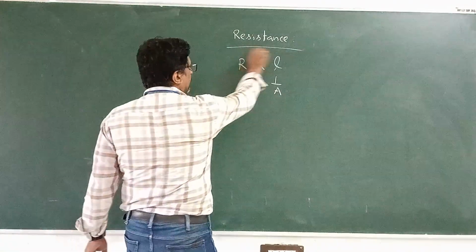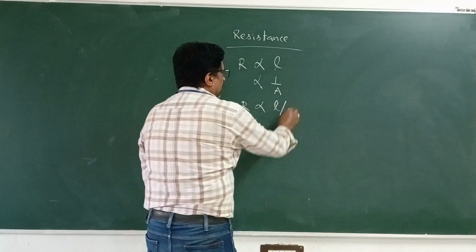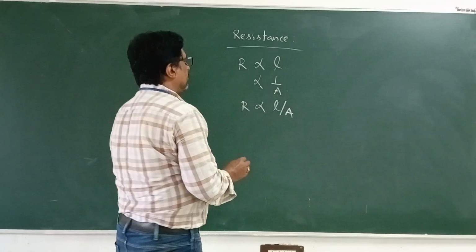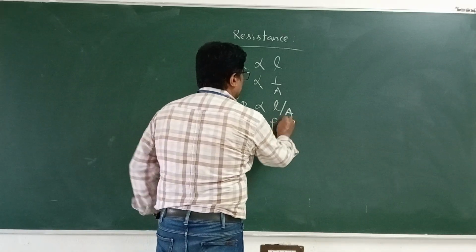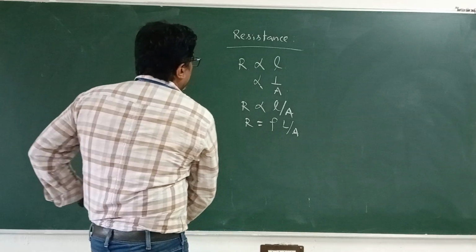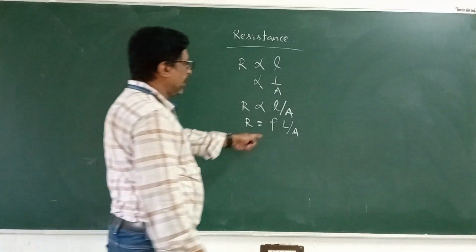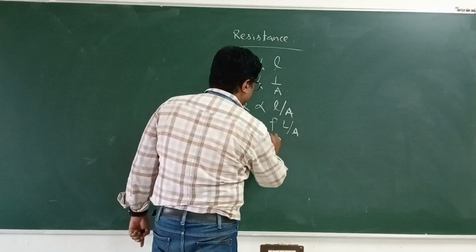If you combine these two, resistance is directly proportional to length by area. If we make it equal, then resistance is equal to rho L by A, where rho is the resistivity of the material.